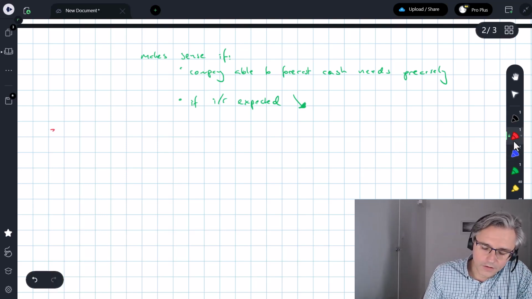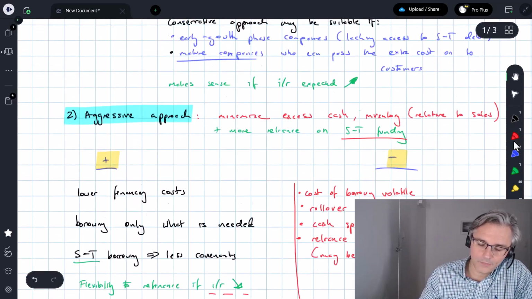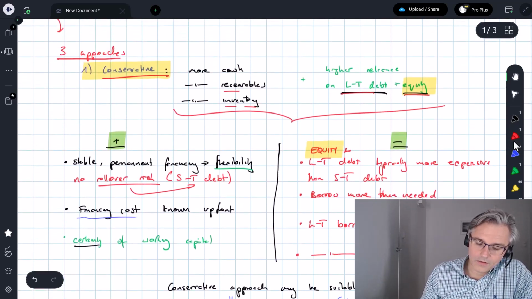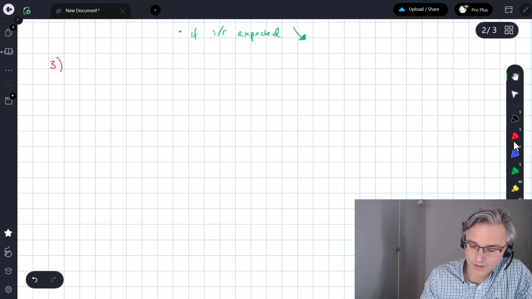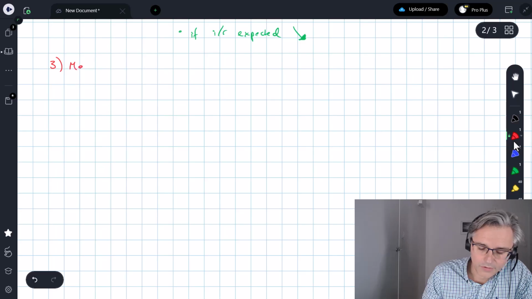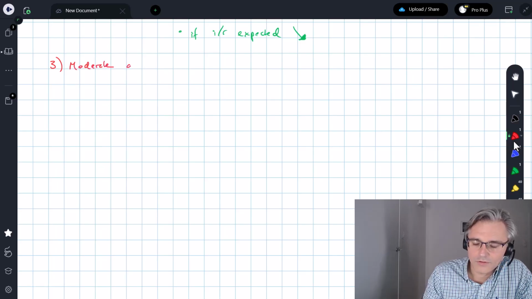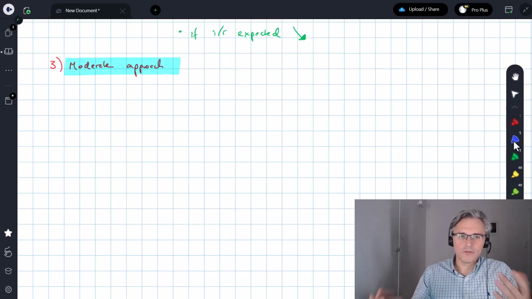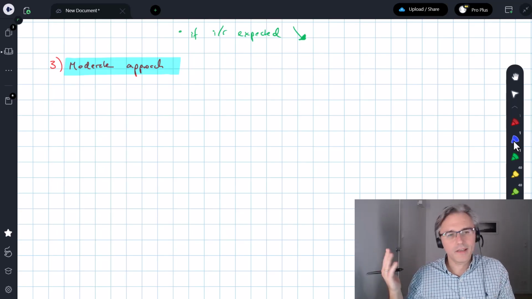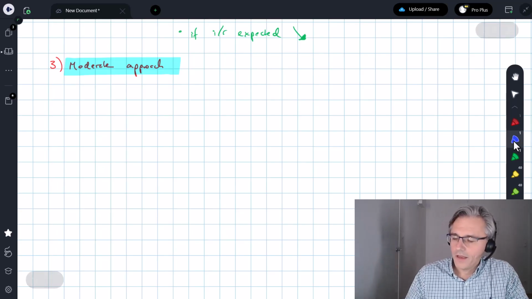Now, the third approach here. We've had the conservative approach, then an aggressive approach, and now we're going to have something which is in between, and that's what the book calls the moderate approach to working capital management. The third one, which is of course some kind of balance between aggressive and conservative.